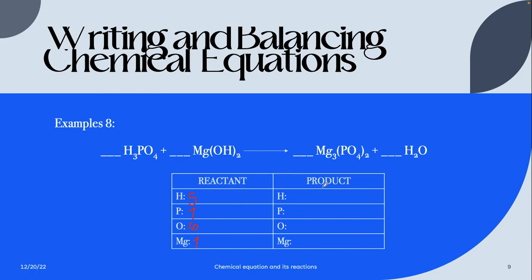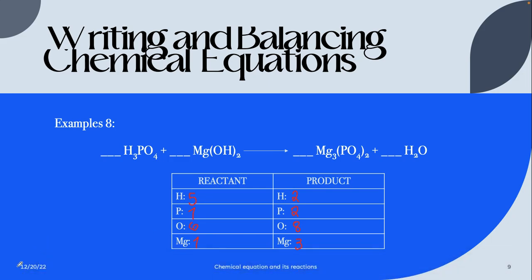Then on the product side, we have 3 magnesiums, 2 phosphorus, 8 oxygens, and 2 hydrogens.